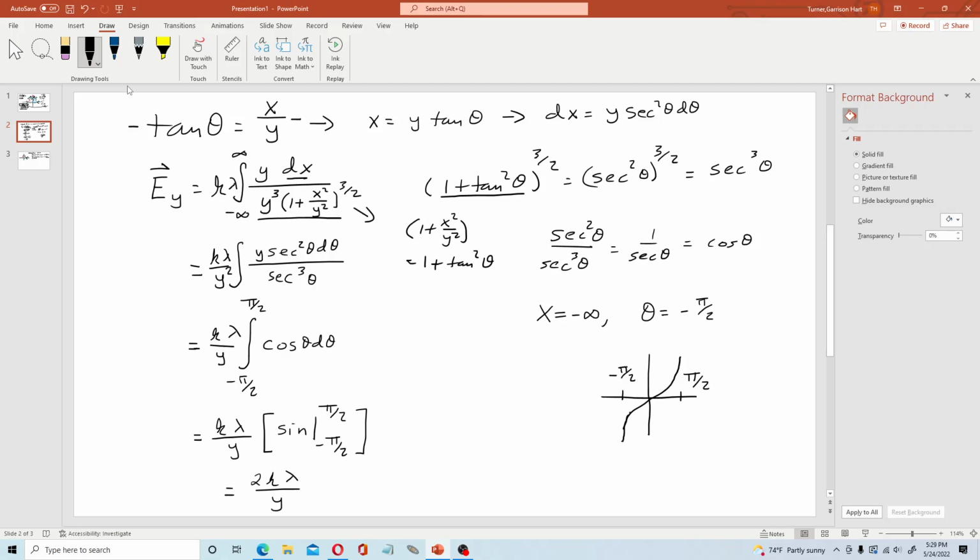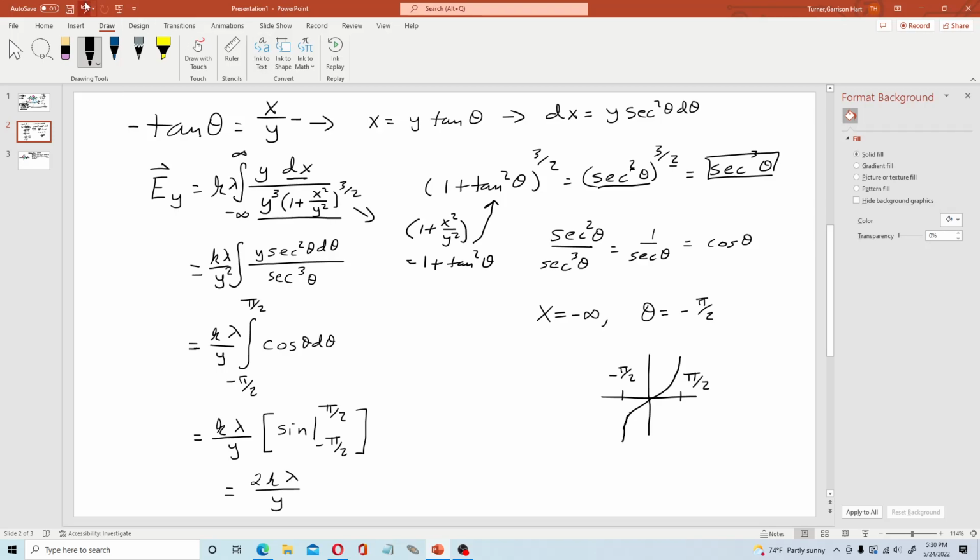Now, there's another trig identity that says that 1 plus tangent squared is secant squared. So 1 plus tangent squared turns into secant squared, and it's still to the 3/2. So again, the squared and the 1/2 undo each other, and I'm left with secant cubed.